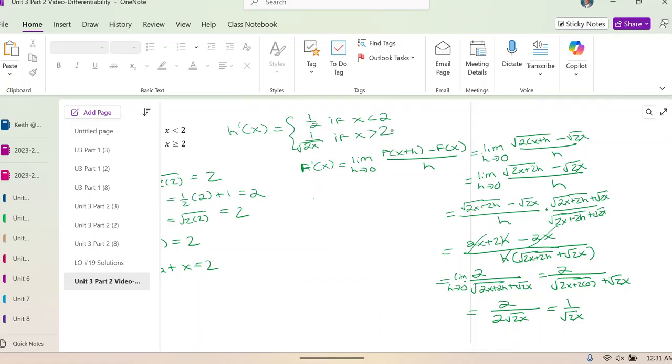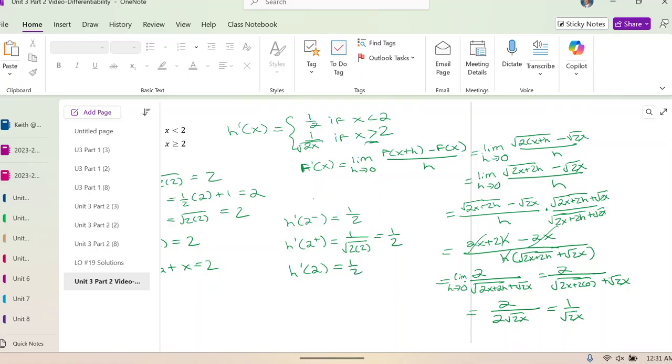Now, to see if the derivative exists at 2, we'll do h prime of 2 from the left. That's equal to 1/2, h prime of 2 from the right. So 1 over the square root of 2 times 2. That's 1/2 as well. So notice h prime of 2 would equal 1/2.